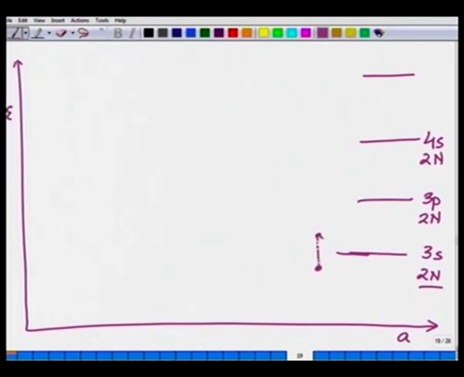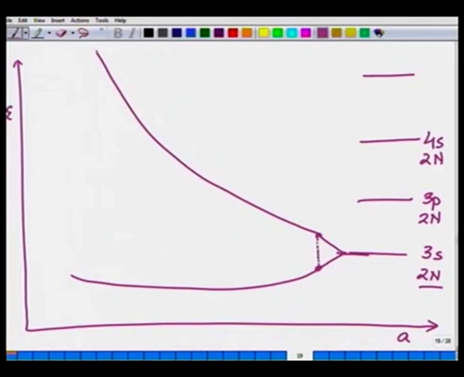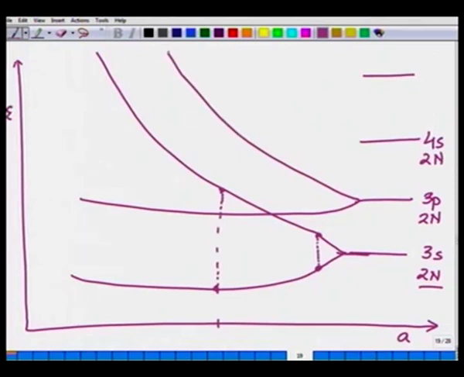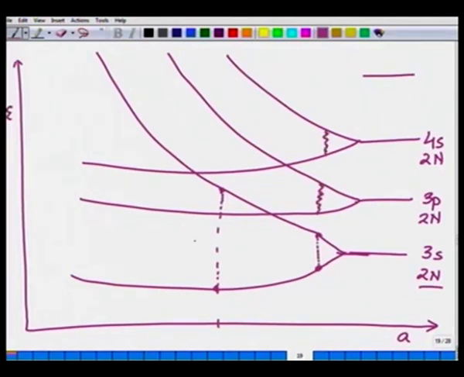So if I plot only the lowest and the highest energy available at any given A, this is the energy range in which all these energy levels split up. If I do so for all these, what do you notice? These are the allowed energies.